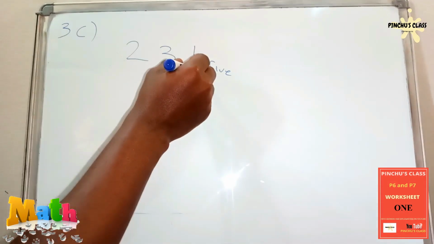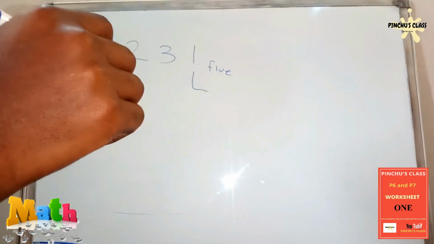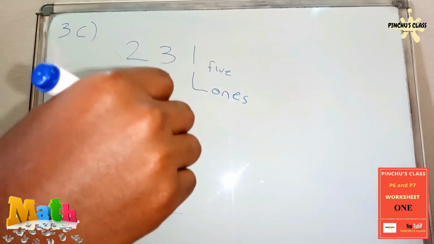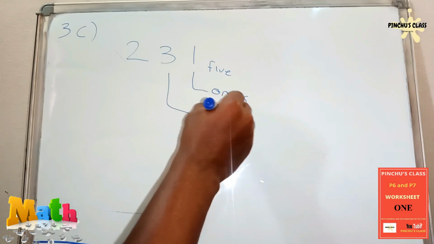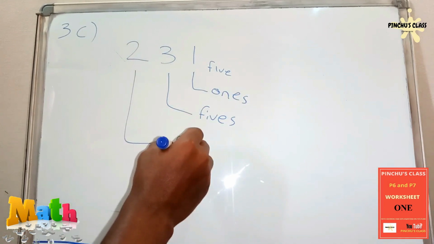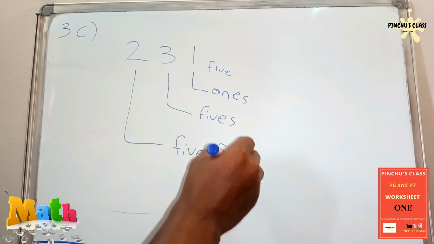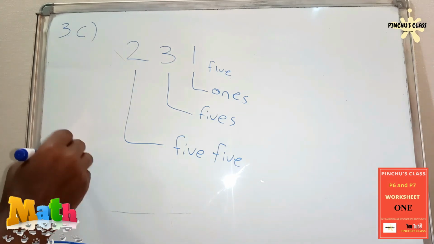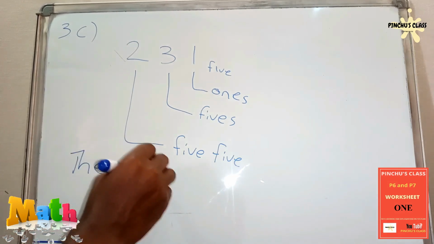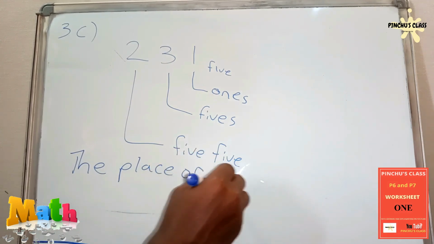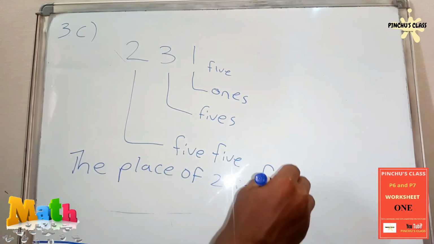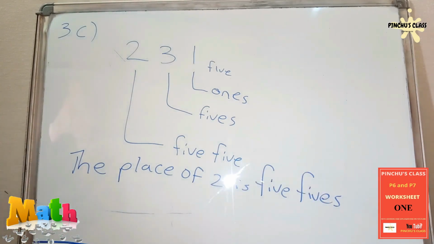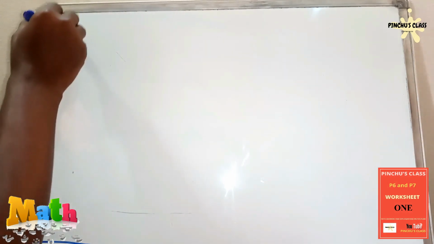So this is going to be ones, and then this is going to be fives, and this 2 is going to be fives. But remember, they have told us to find the place value of only 2. So the place value of 2 is 5 fives. Yes, that's the place value of 2. Number 4A.